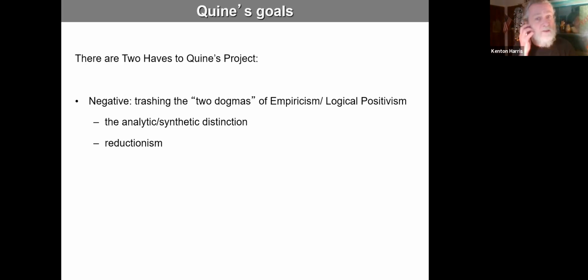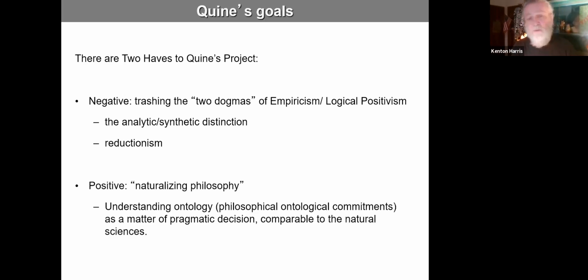This is what he does initially in the article. But then the second half is the positive, where he attempts to naturalize philosophy, understanding ontological commitments as a matter of pragmatic decision comparable to the natural sciences.